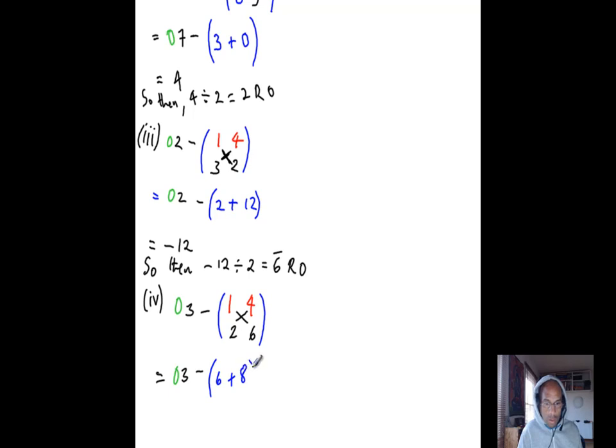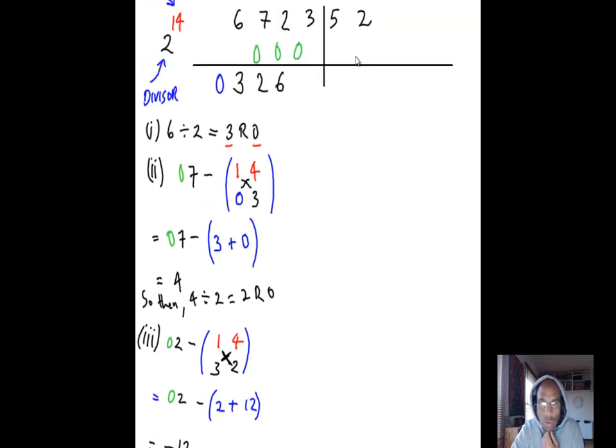Now the end result of working that out is 3 take away 14. Now what is 3 take away? Wait, you almost made a boo-boo then, didn't you? That's a minus 6. I'm surprised you didn't shout over the internet and warn me.